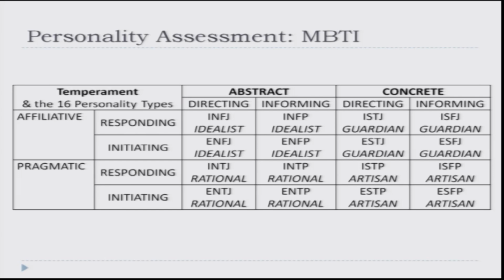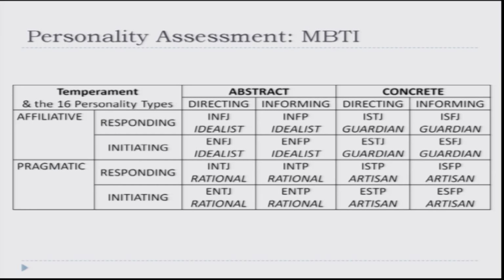Now you again do the same exercise as we did in the previous case, and you come forward with 16 different types of temperaments. So, the first one would be affiliative, abstract, responding, and informing.